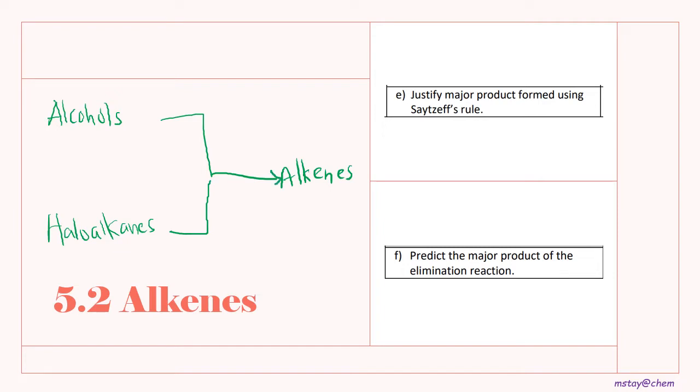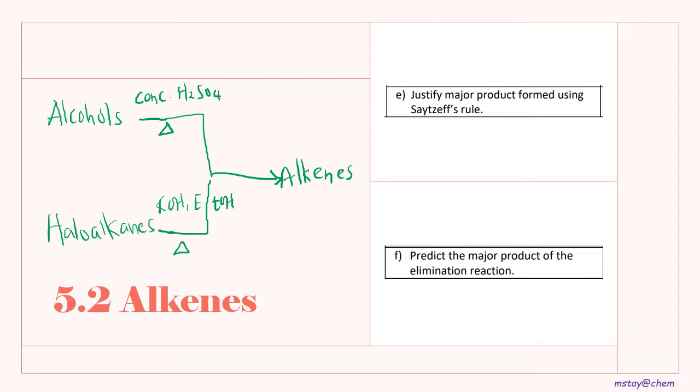However, the conditions or reagents are different. For alcohol, we use concentrated sulfuric acid under hot conditions. For haloalkane, we use KOH in ethanol with heat as well.